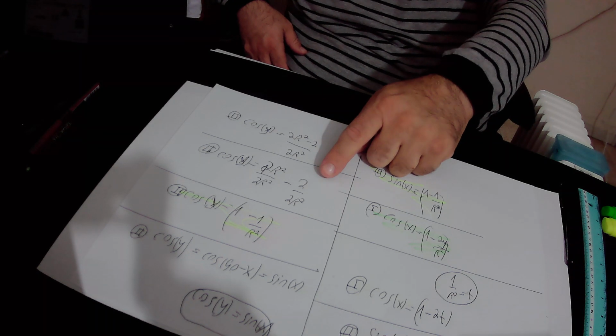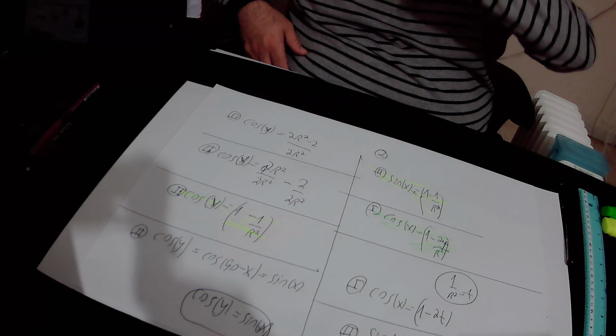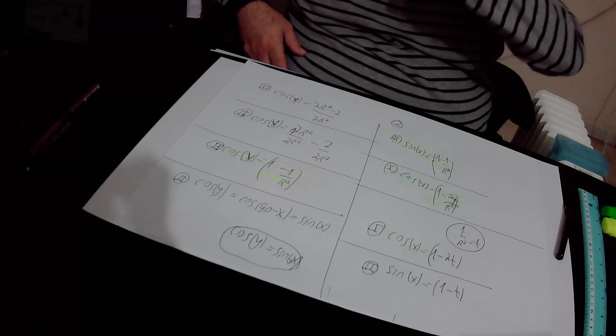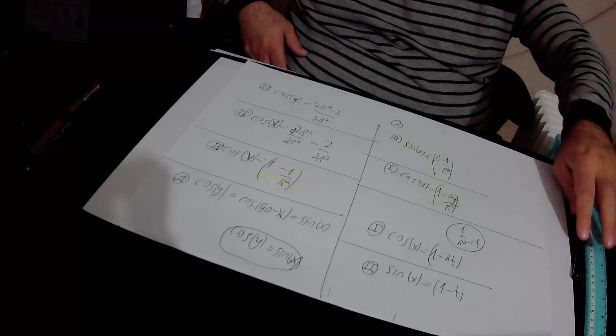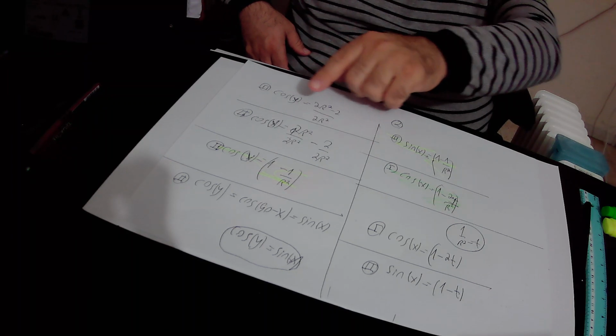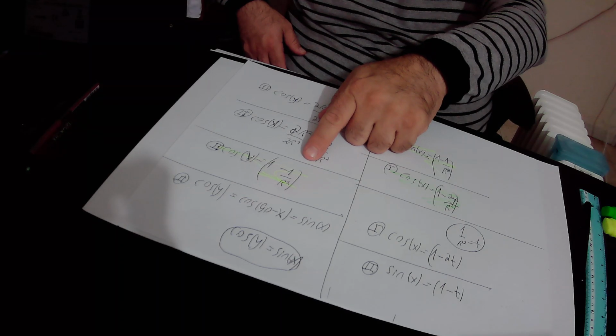So in the numerator we have minus 1, and in the denominator we are left with only r squared. So we found out that cosine y equals 1 minus 1 over r squared. This is equation number 2.